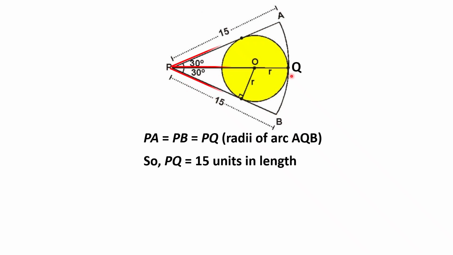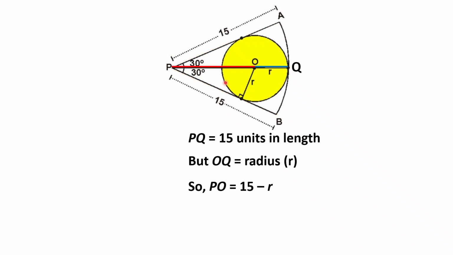So PQ is 15 units in length, because PQ equals PA equals PB equals the radius of the arc.